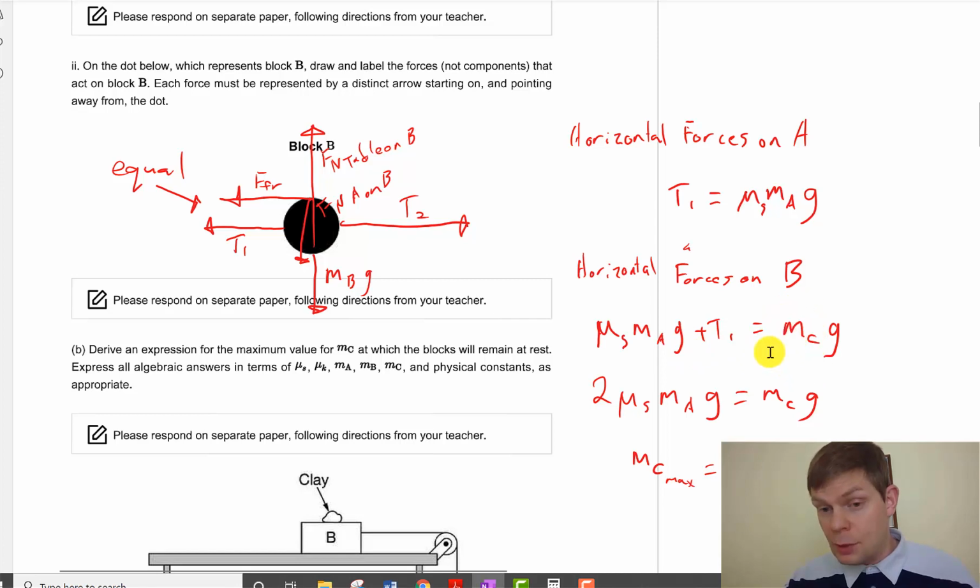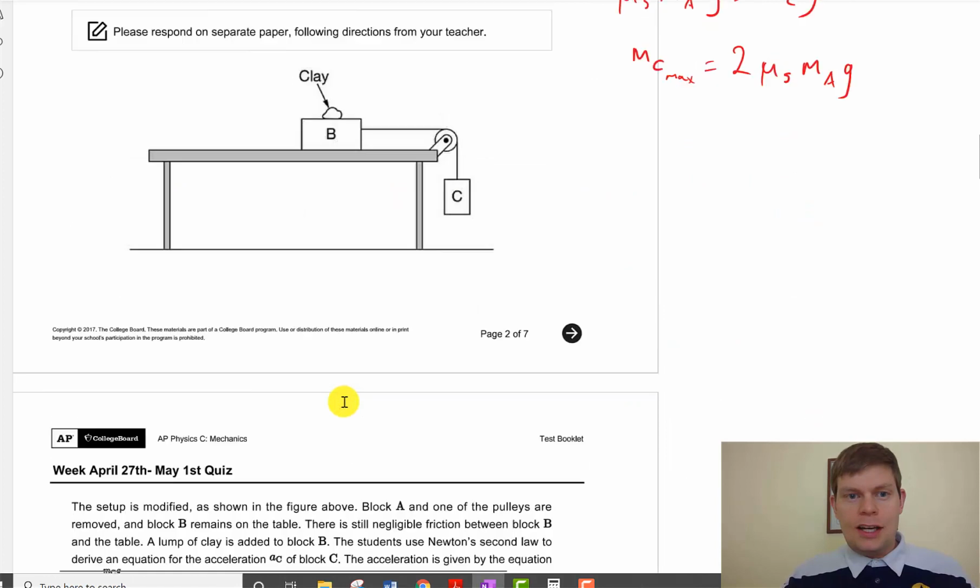But if this is the maximum, then it would be equal. So the maximum m_C we can do without it moving is 2 times the force of friction, which is coefficient of static friction, mass of A times g. Because this is equal and opposite to the normal force, the m_A g, of B on A. All right, so that's that guy.